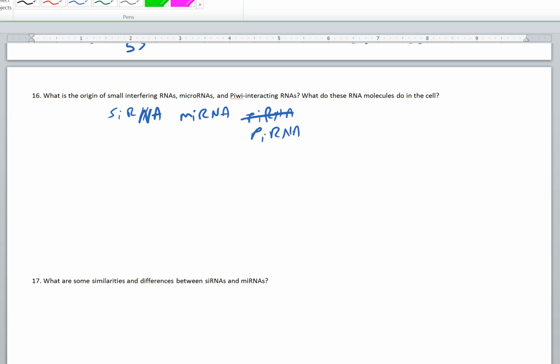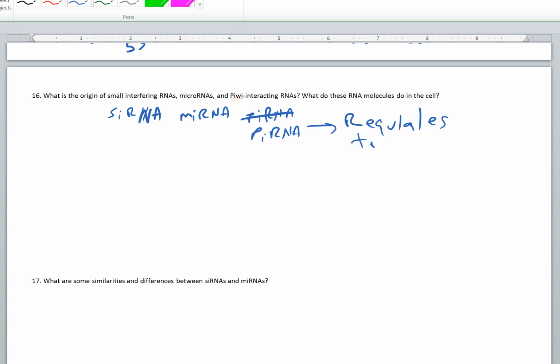And these are RNAs whose basic function is to regulate the expression of other genes. Let's not talk too much about piRNA. One thing we'll say is that this regulates transposable elements.